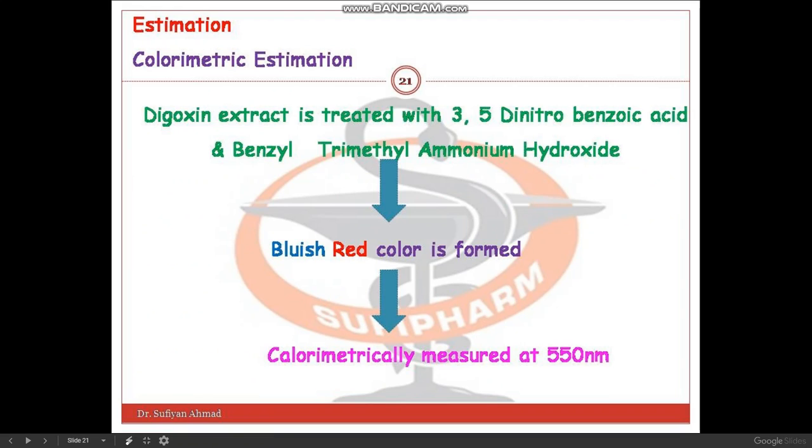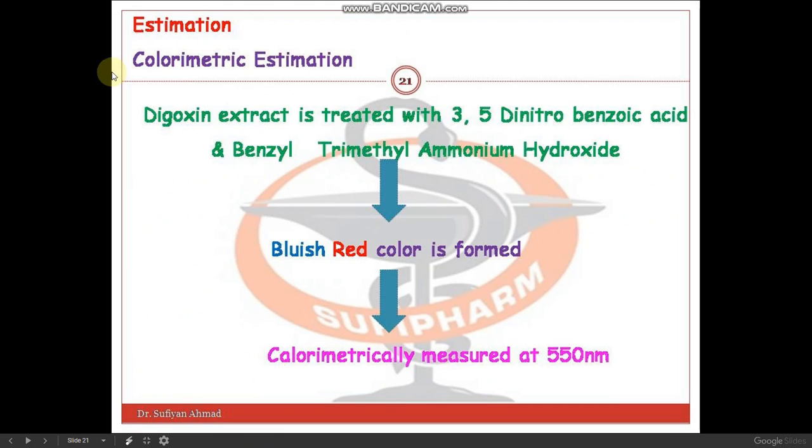This is a colorimetric estimation that you have to remember, and we will treat our extract with 3,5-dinitrobenzoic acid plus benzyl trimethyl ammonium hydroxide, and you will ultimately form bluish red color. You will observe under UV at 550 nanometer.